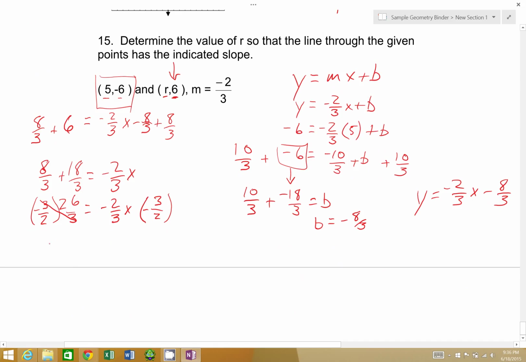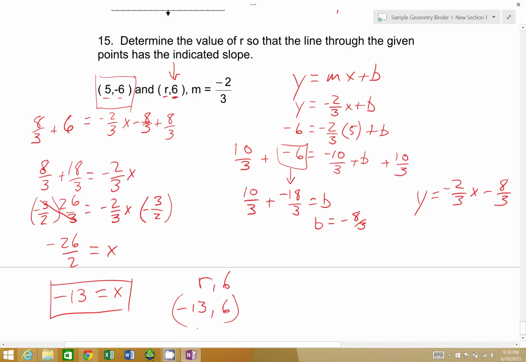So I end up having negative 26 over 2 equals x. And that simplifies to negative 13 equals x. So now my point, r comma 6, is actually negative 13 comma 6. And there you have today's lesson.